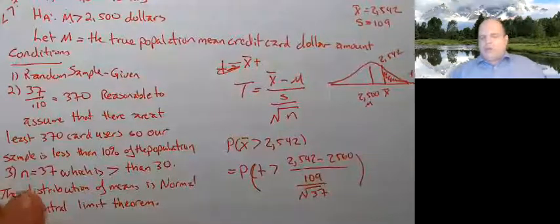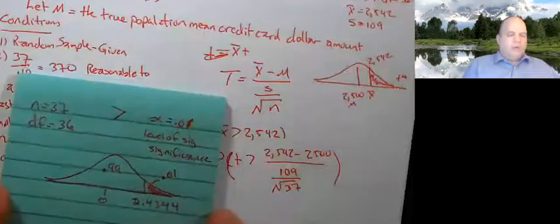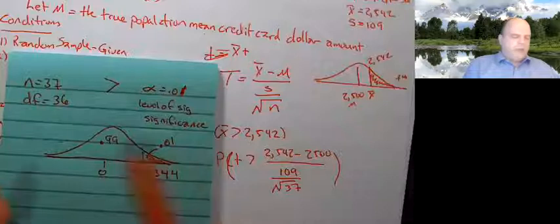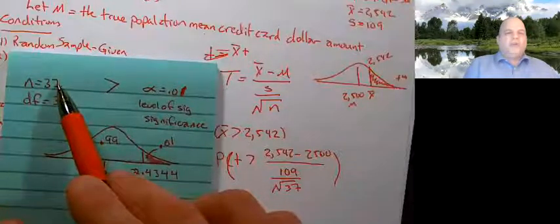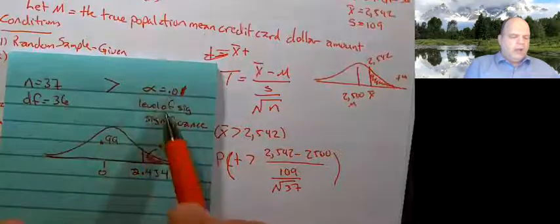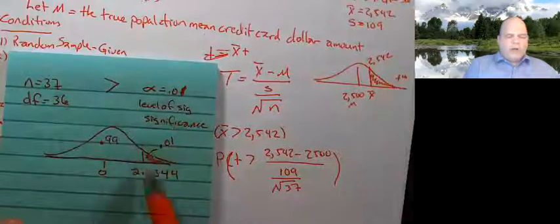All right, I'm going to take a pause for just a moment. So if I take that same information, I say, okay, sample size 37, degrees of freedom is 36, alpha is 0.01, so our level of significance is 0.01. We get a critical value of 2.4344.